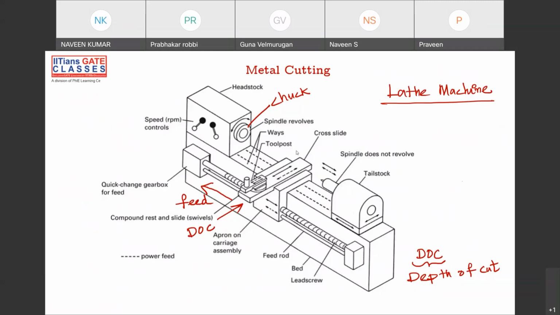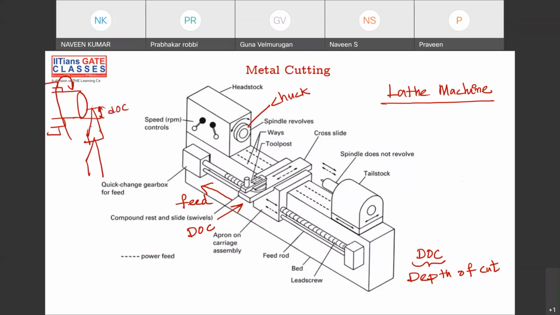Okay, feed part. You want to repeat the feed part. Fine. So if this is your workpiece, and this is your chuck, and this is rotating. Now the tool will be coming like this. The tool is like this, and you are going here, and how much depth you're going inside, this is depth of cut.